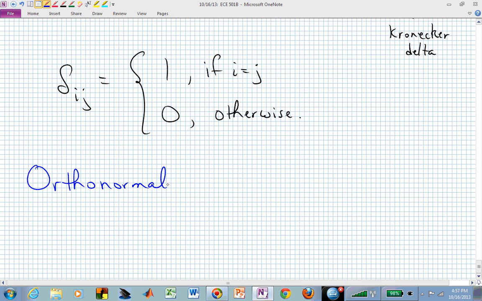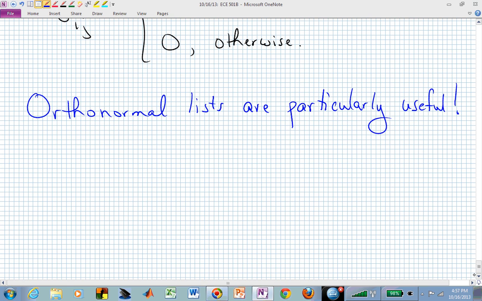These orthonormal lists are particularly useful. All right, if that's the case, then give me some propositions, some theorems, and corollaries based on these useful orthonormal lists. The first one, proposition 6.15.